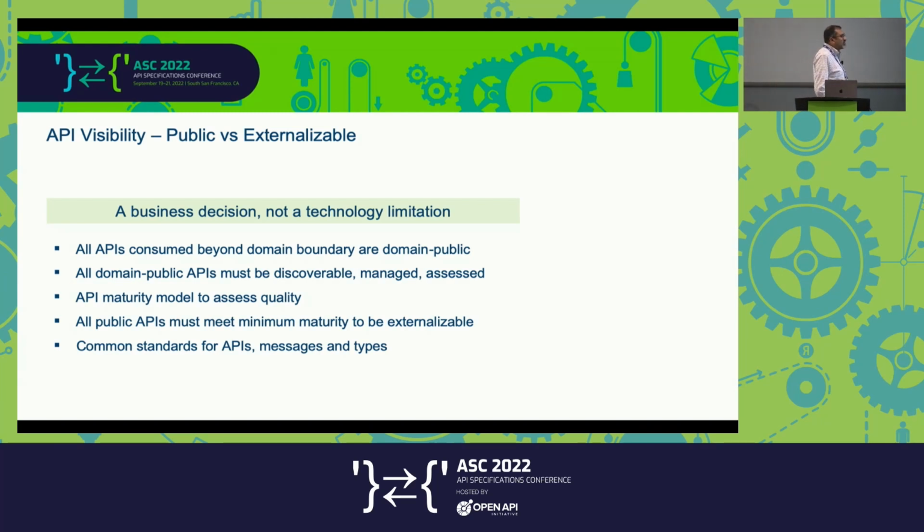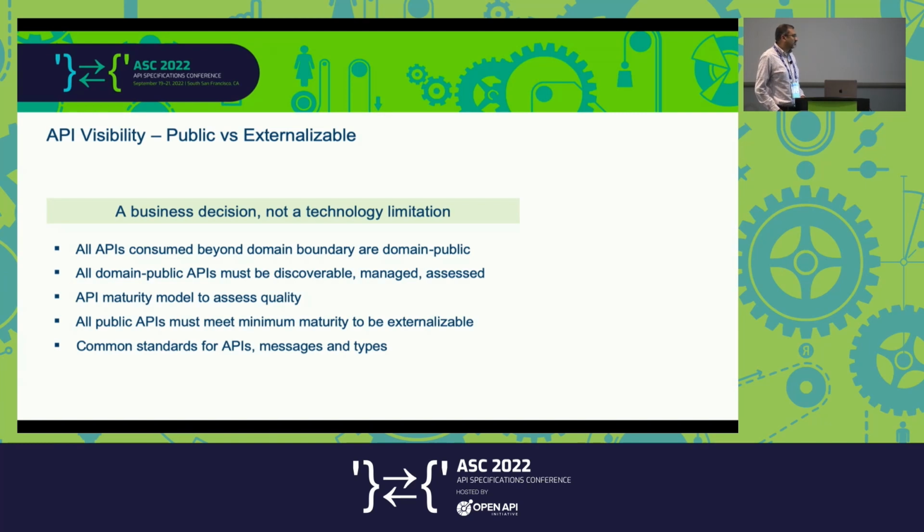So externalizability should be a key requirement on how we build and deliver our APIs. All public APIs need to cross a certain minimum maturity threshold, and in most maturity models that I have seen, it would typically be a level 4 that you need to meet in order to be externalizable.